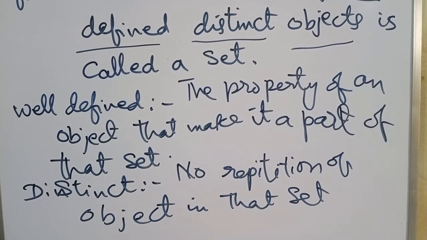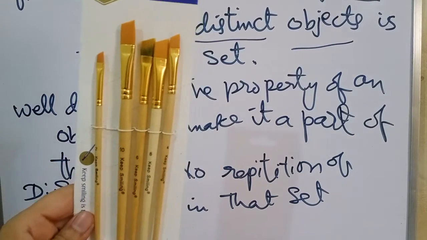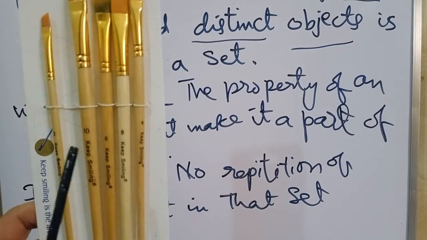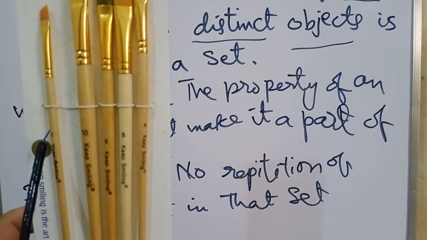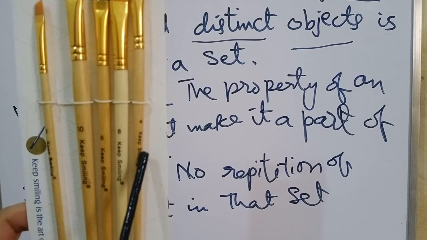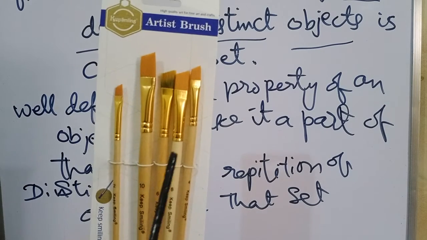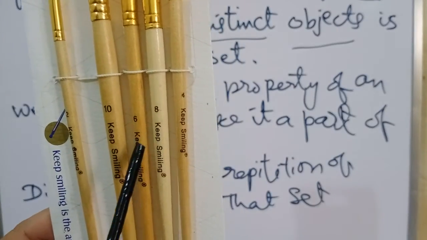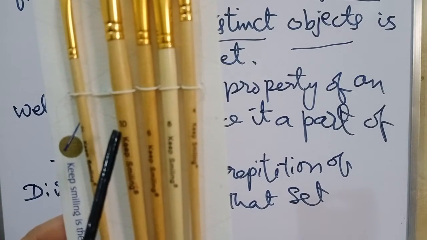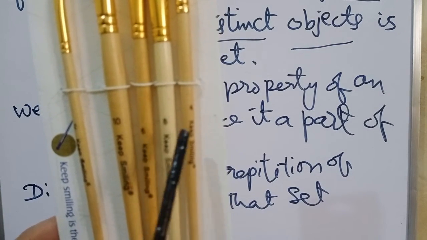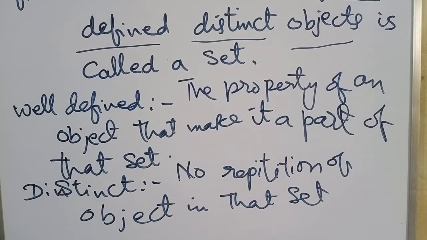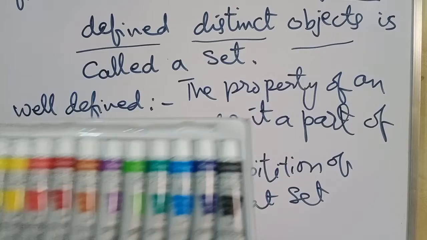Now I want to show you again a simple set. Now look at this. These brushes have different numbers and none of them is repeated. For example, 2, 10, 6, 8 and 4. Similarly, I show you the color set.